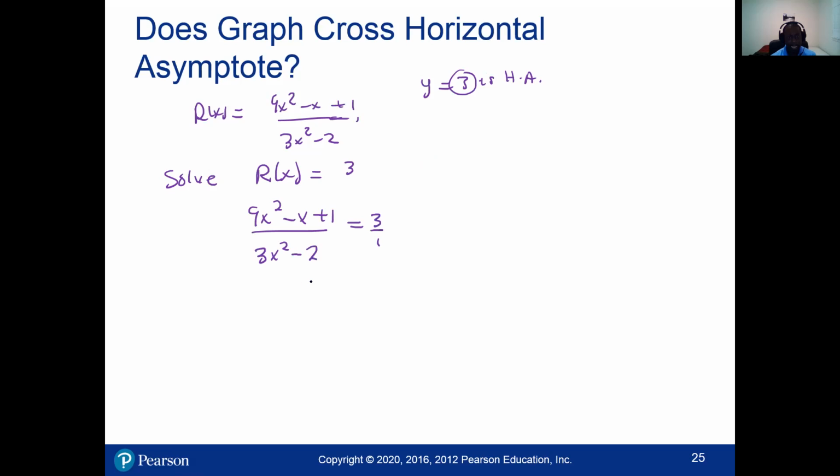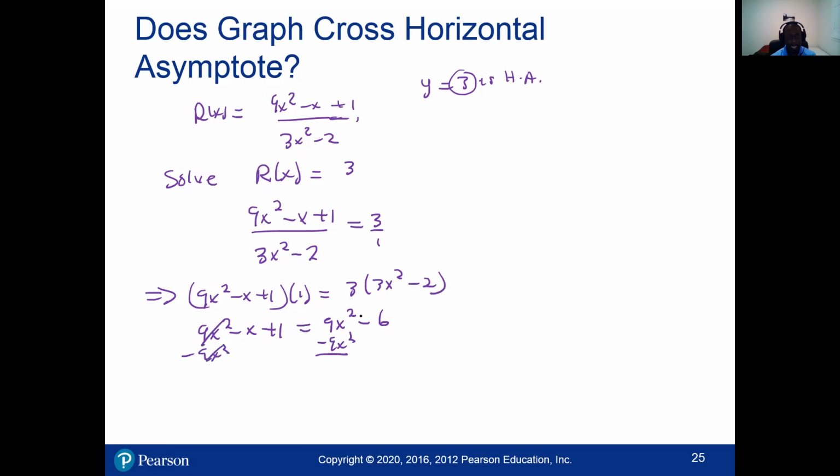Let's cross multiply. You have 9x squared minus x plus 1 times 1 is equal to 3 times 3x squared minus 2. One times anything is the same thing. So 9x squared minus x plus 1 is equal to 9x squared minus 6.